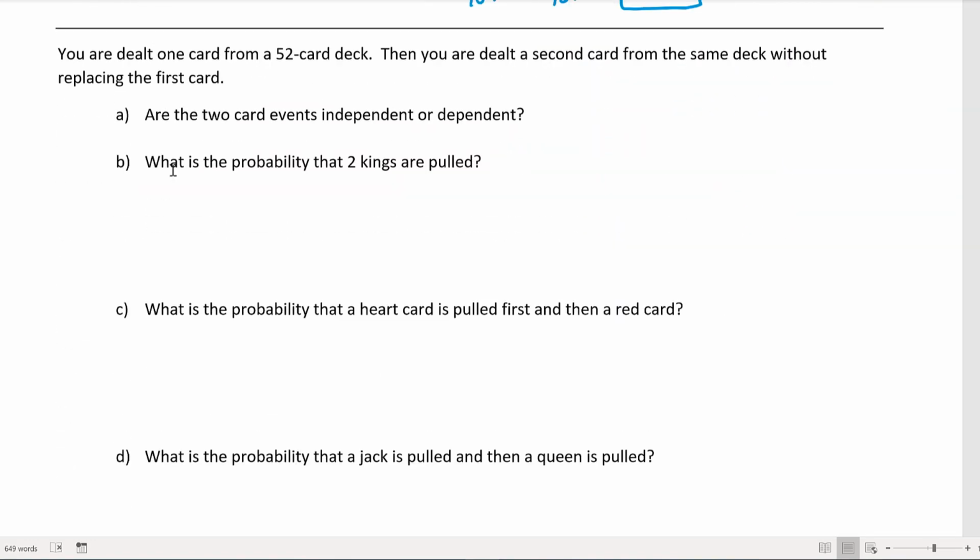Our next example, you're dealt one card from a 52 card deck. Then you're dealt a second card from the same deck without replacing the first card. Without replacing. So because we are not replacing, that tells me that these are dependent events. The second card pull changes depending on what you pulled on the first card. So we're trying to find the probability that 2 kings are pulled.